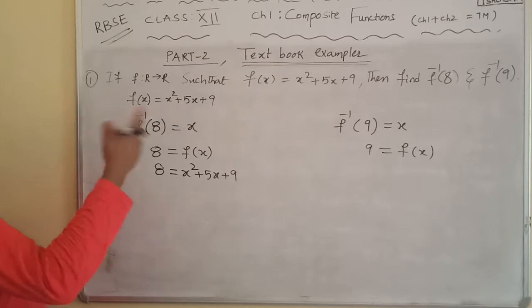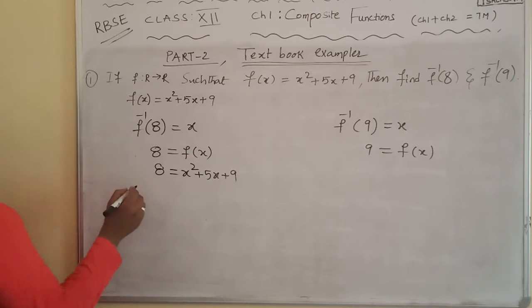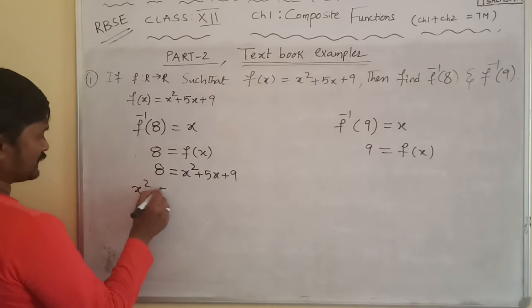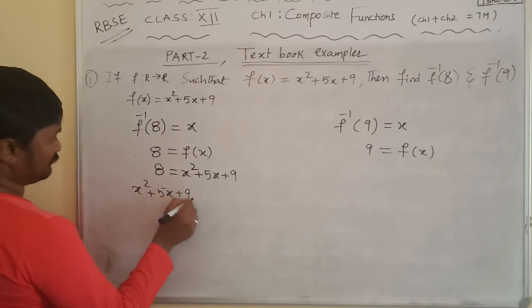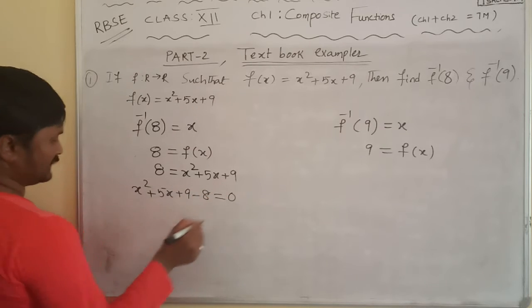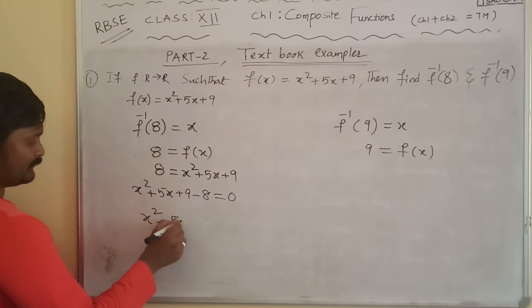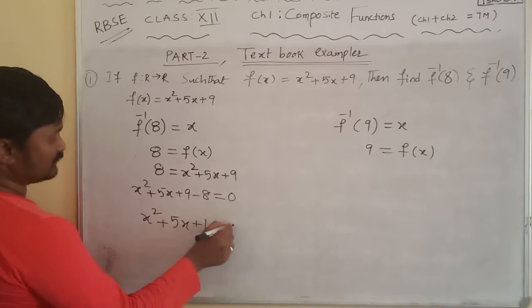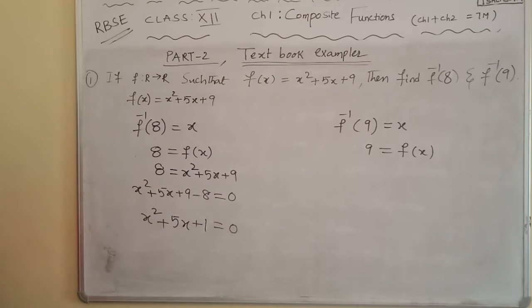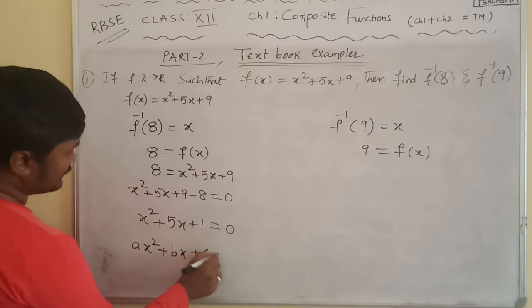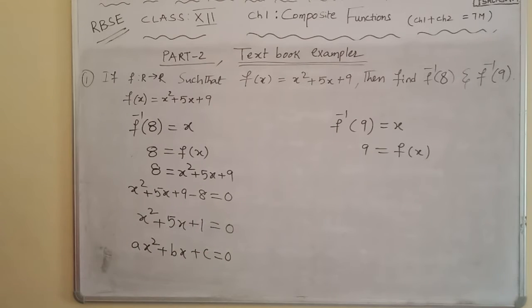So 8 is equal to x square plus 5x plus 9, take that side, minus 8. So x square plus 5x plus 9 minus 8 is equal to 0. Then we can write x square plus 5x plus 1 is equal to 0. 9 minus 8 is nothing but 1. So now it is in the form of ax square plus bx plus c is equal to 0.